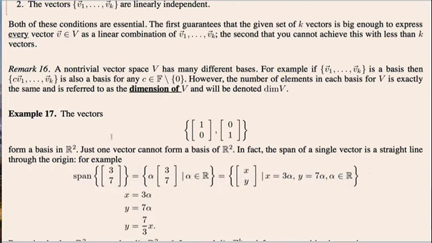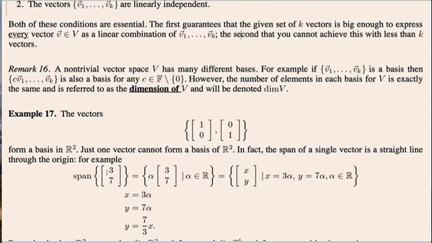For example, if you consider the vectors (1, 0) and (0, 1), this forms a basis in R2. So that means R2 has dimension 2. And also it's easy to see that you cannot have fewer than 2 vectors to form a basis in R2. If you choose, for example, a single vector, the span of that single vector is a straight line through the origin in the direction of that vector.